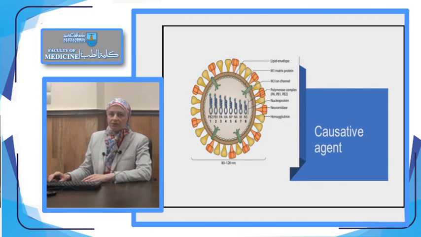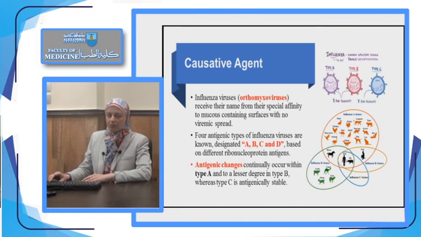What about the causative agent for influenza? Influenza viruses belong to a family of viruses called orthomyxoviruses. Orthomyxoviruses receive their name from their special affinity to mucous membrane containing surfaces, and they have no viremic spread.